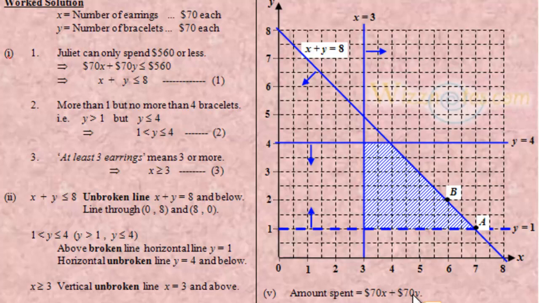And again, because we want the minimum, we go to the vertices of the region. Normally we would go to this vertex first. This is where we would normally attain our minimum. But because this point here is on a broken line, we cannot accept this point, and we therefore have to move along the side to the first valid point along the side.